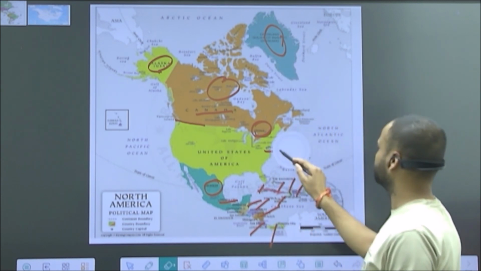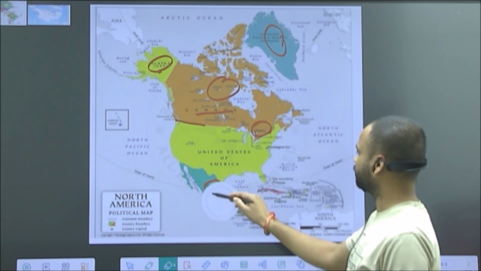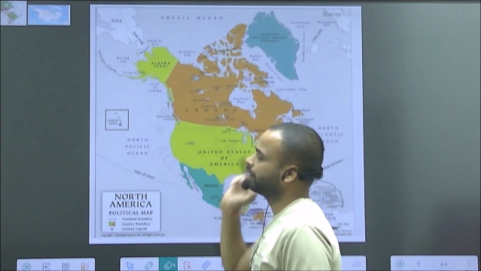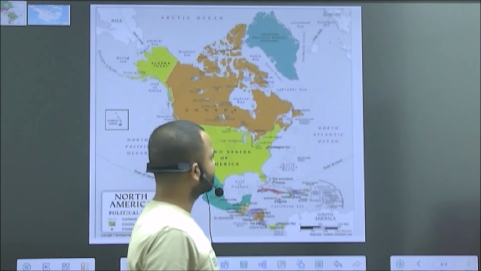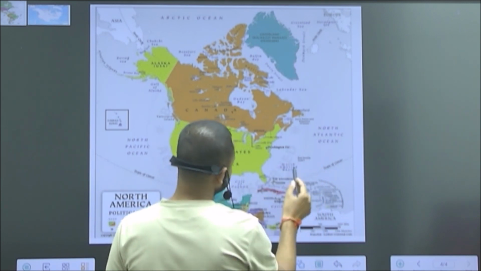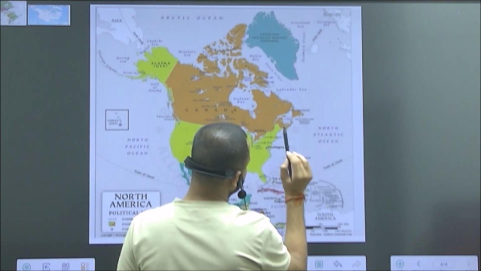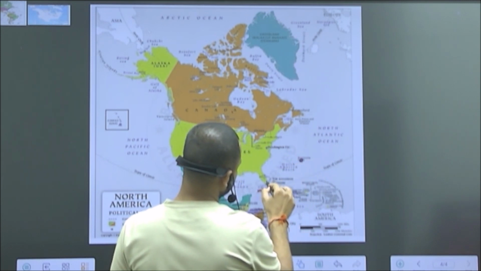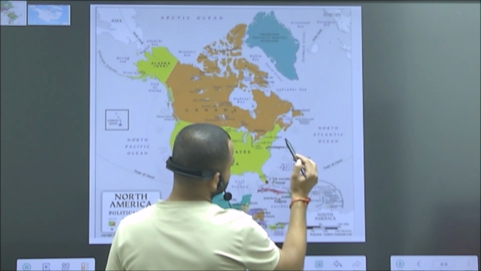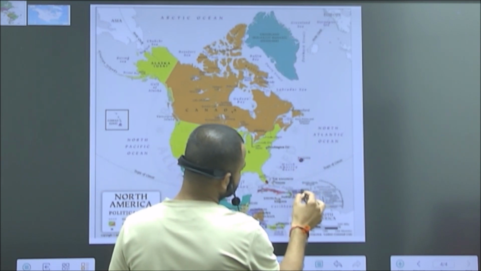You have to know one important fact about the Bermuda Triangle. One point of the triangle is here, which is Miami. This is Bermuda, and San Juan.